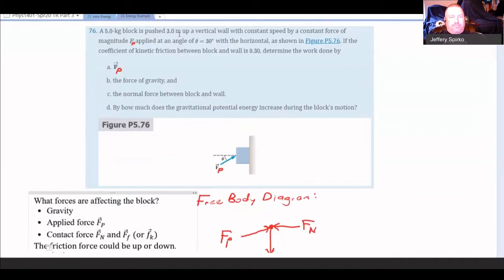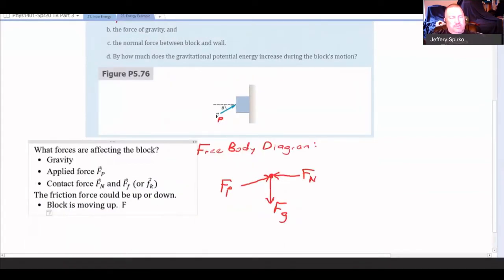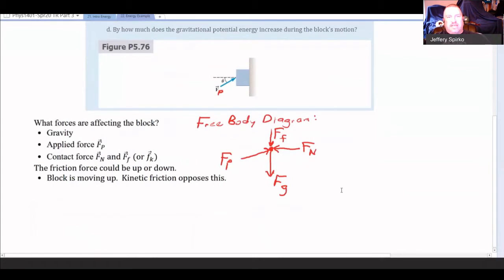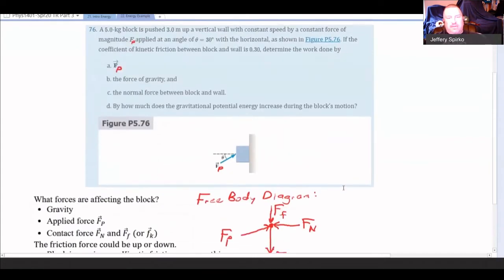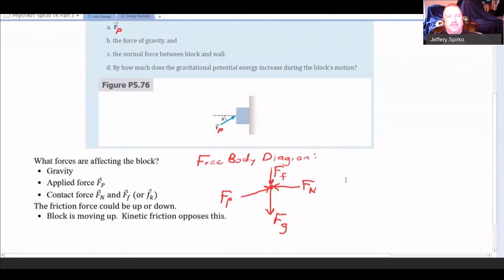So kinetic friction has to oppose this. So that means that we have our F sub F, which is down. So that's a good next step in our analysis.